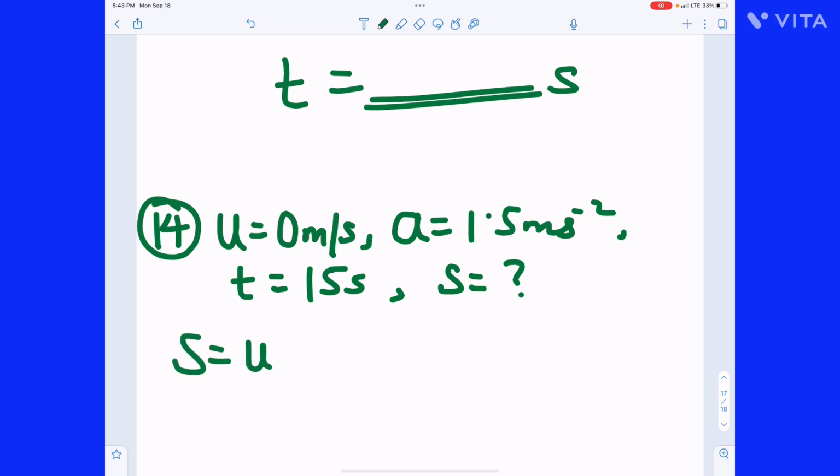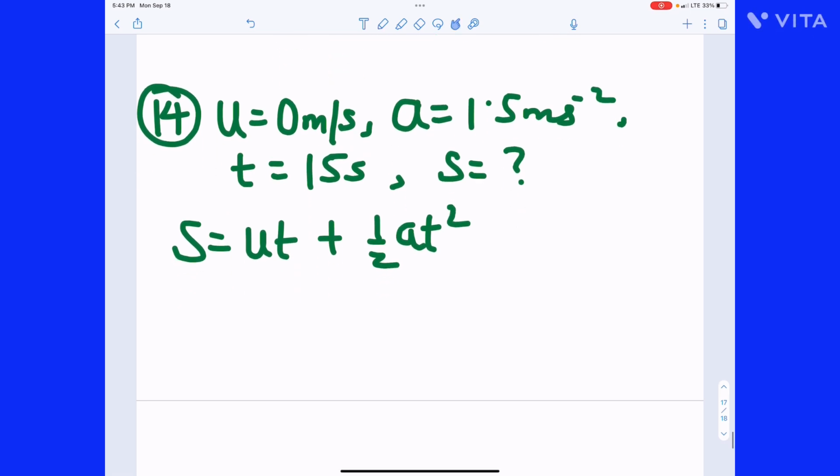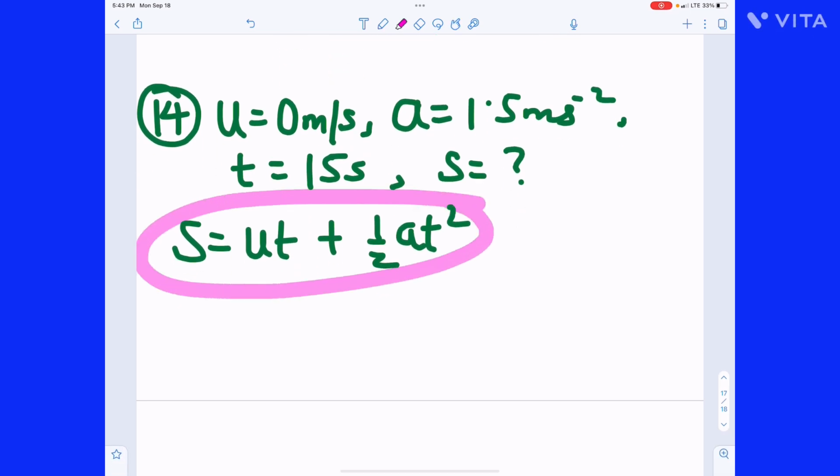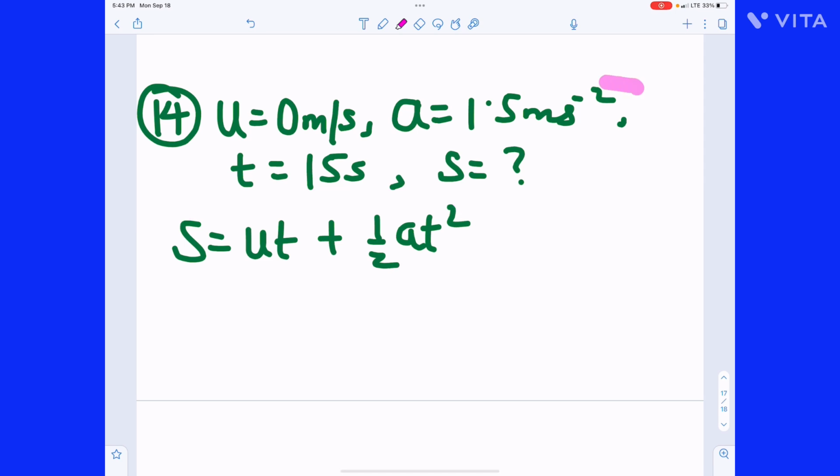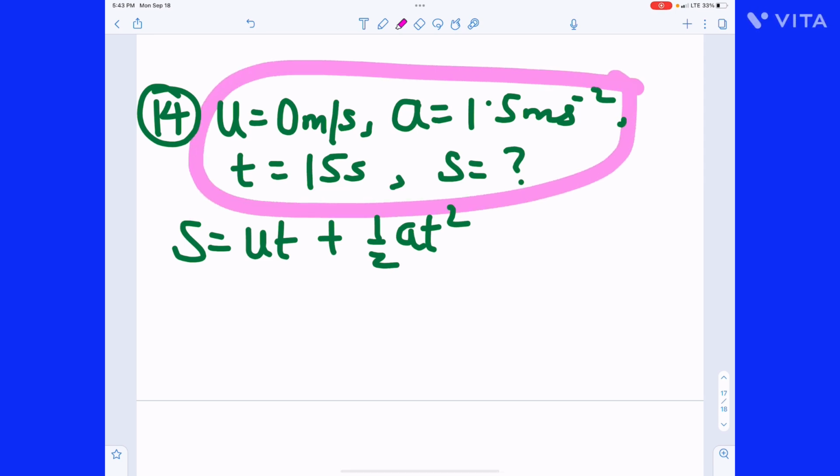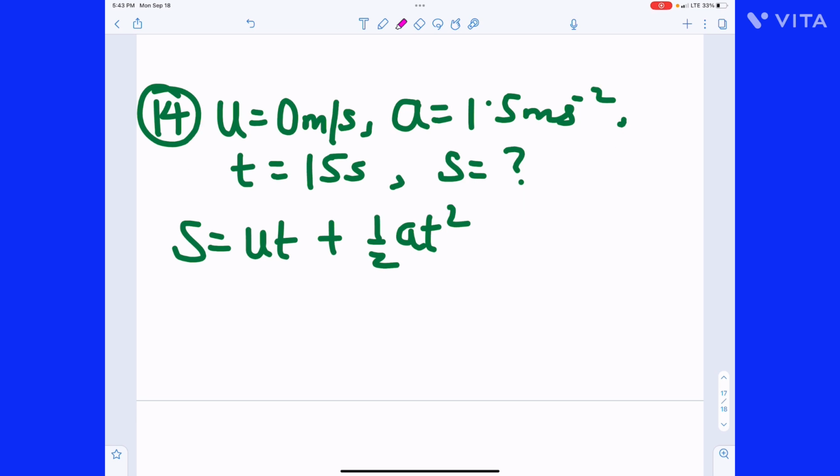Using s = ut + half at squared, because all I have in my equation is a, u, t, and s. So I'll choose the equation that connects those four quantities.